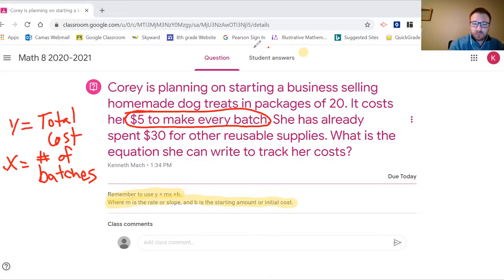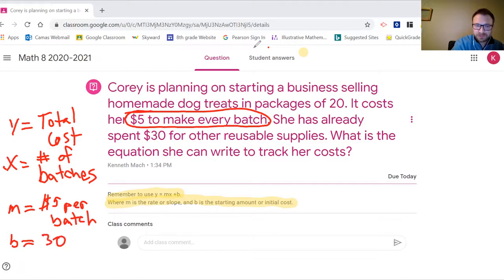So I know that I want to do y equals mx plus b. So I'm gonna write down, I want to make a note here. M is $5 per batch. The starting amount, b, is $30.